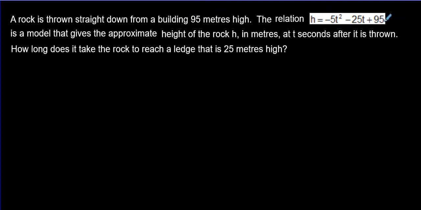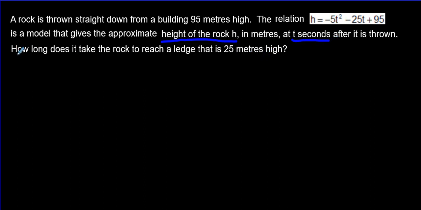Okay? Here's the question. Okay, I'll let you keep reading it, but I want to point out two things. The height of the rock is h, okay, and that's in meters, and t is seconds, okay? So the height of the rock is h and t seconds. Now see, there's an h right there, and there's a t right there. Actually, there's two t's, okay?